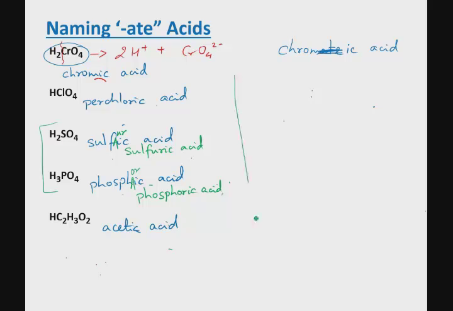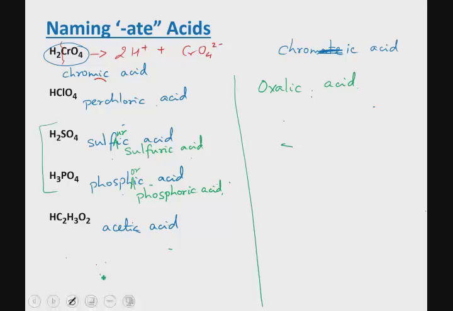Okay, just as in previous cases, it was important to go from chemical formulas to names. It is in this case, and also from names to chemical formulas, we should be able to do that here as well. So if I gave you the name of an acid, oxalic acid, you should be able to work backwards and write the chemical formula.